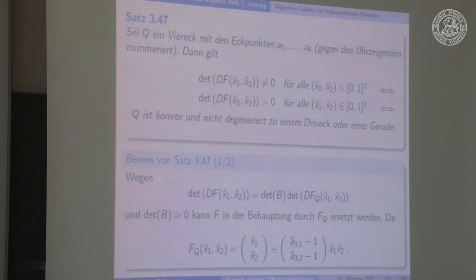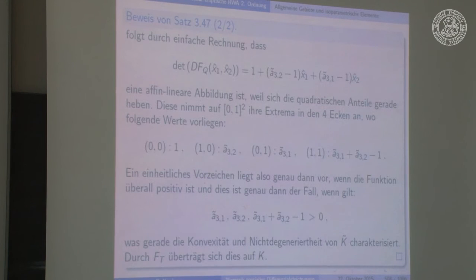Then we take products again. So in the end, we expect for the determinant that a bilinear function comes out. And if this would be, then it would be quite difficult, because we would like to say something about the sign of this function. But the surprising effect is this result here, saying the determinant is just a linear function. There are bilinear terms, but they just cancel if you do the computation.